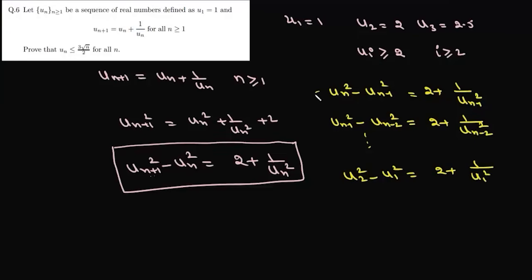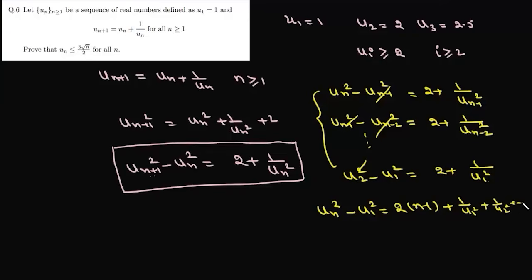Now if we add all of them, then these successive terms will cancel, so we can write un square minus u1 square, and here this is 2 plus 2 plus 2, from 1 to n minus 1, n minus 1 times, so there will be 2(n minus 1), and plus this is 1 upon u1 square plus 1 upon u2 square up to 1 upon u(n minus 1) square.